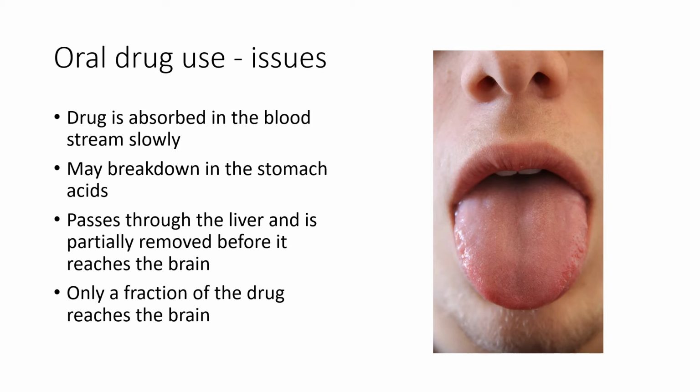For example, marijuana may require 3 times as much taken orally as it does when smoked in order to have the same effect on the brain. This partial movement through the liver partially removes it. Only a fraction of the drug that is swallowed ever actually reaches the brain.